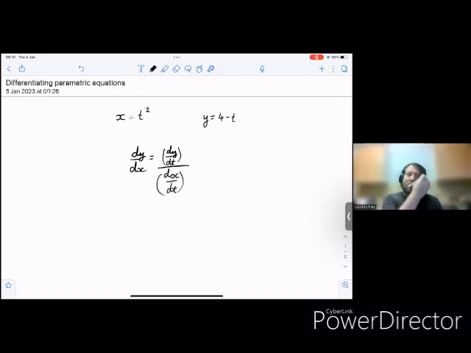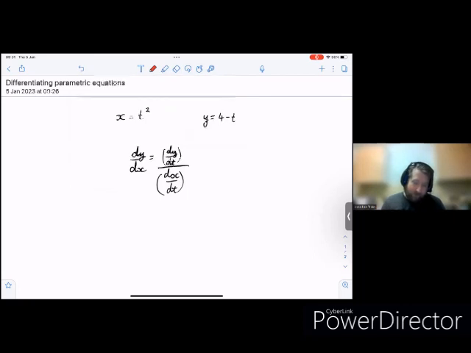Now if dy by dx, dy by dt, and so on were fractions, that would be obvious. We just know that when you get two fractions with the same denominator like that, the denominators cancel out, and we're just left with dy by dx. So if you just think of it as being like a fraction, then you find dx by dt, you find dy by dt, then they are related in the way that you would expect.